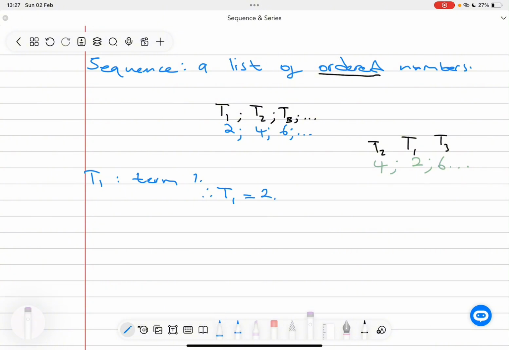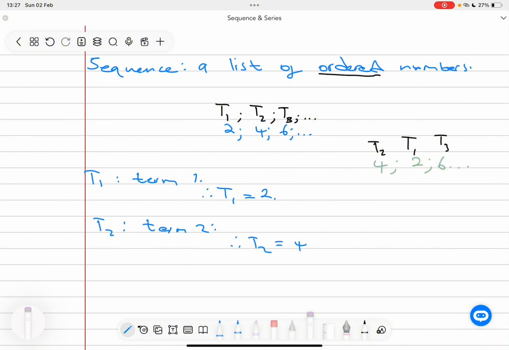They are the same because T1 represents the number in the first position. T2 would be the second term, what we call term 2. And this means that T2 will be equal to 4 in my example because it represents the number in the second position.